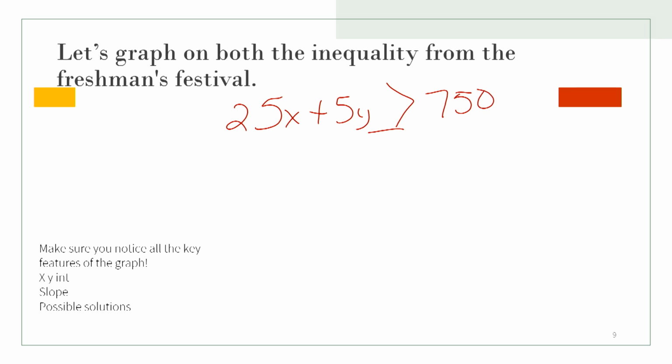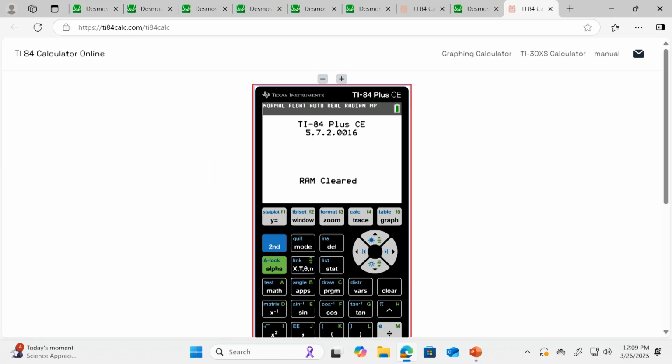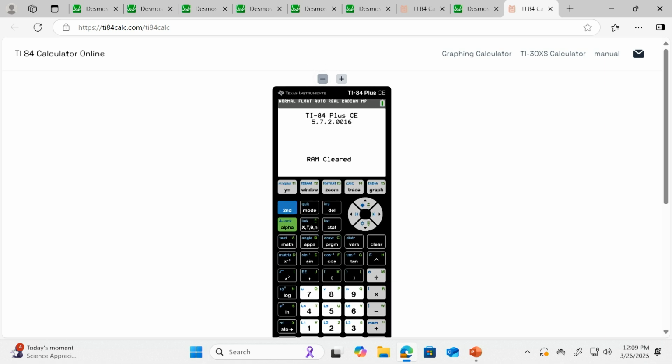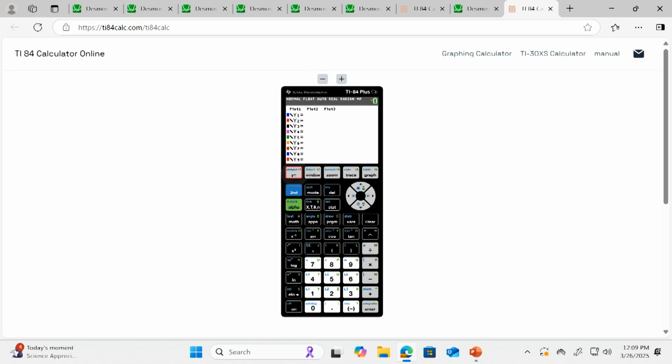So let's first plug it in our calculator. I'm going to go to y equals. It is a greater than or equal to. So I'm going to scroll over, press enter, and go down. And since it's greater than or equal to, it is going to be graphed up. So I'm going to press enter. Then I'm going to scroll over and put in the inequality.